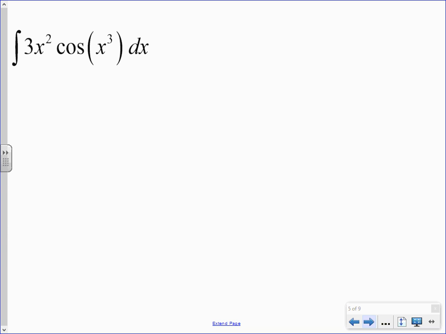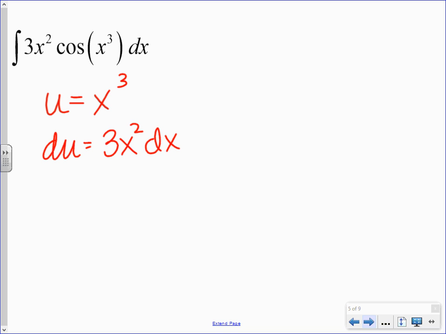So what we can do is we can let u be equal to x cubed, and conveniently du would be equal to the derivative of x cubed, which is 3x squared dx. See how that's convenient for us?